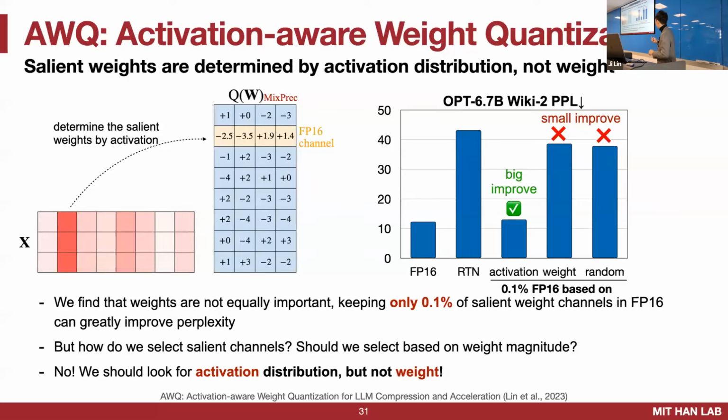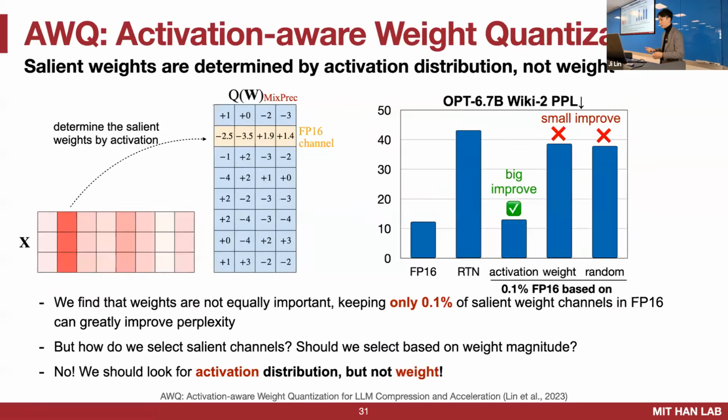On the right-hand side, if you keep the 0.1% channels in FP16 according to activation magnitude, you're getting a big improvement. But if you're sorting based on weight magnitude, it's almost similar to random, where the improvement is negligible. We believe this is because activation channels with a large magnitude correspond to more important features, so if you keep the corresponding weights in FP16, you can better protect those features.